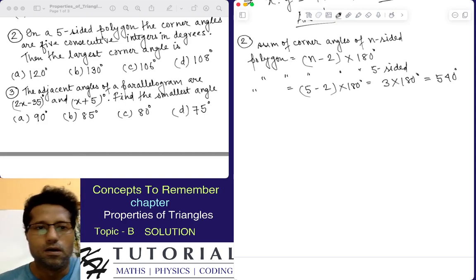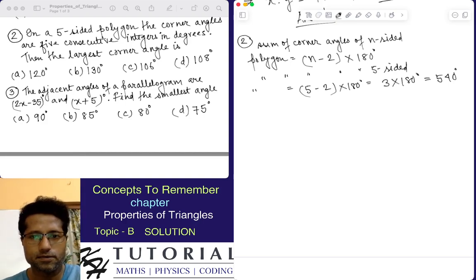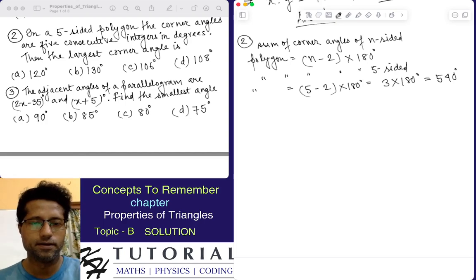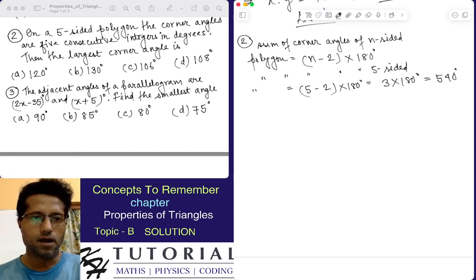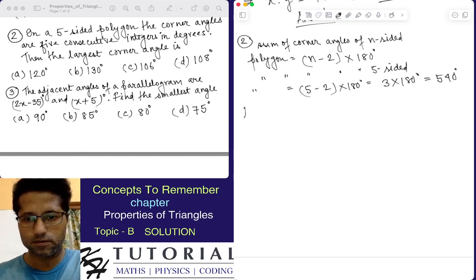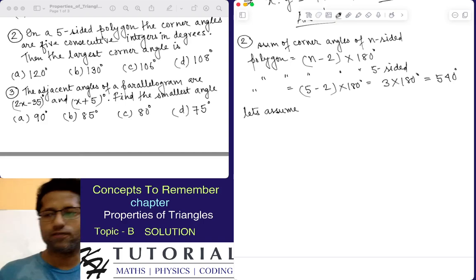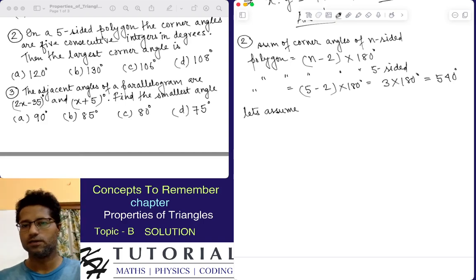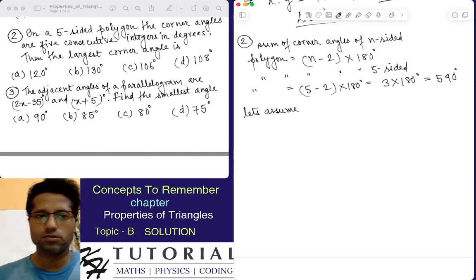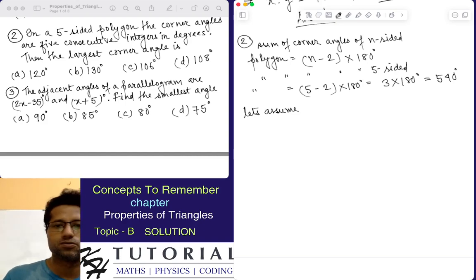Now it has asked to find the largest corner angle, and it is saying that the corner angles are 5 consecutive integers in degrees. So let's assume, we know if x is an integer, its consecutive integer is x plus 1, and the consecutive integer of x plus 1 is x plus 2, like this.